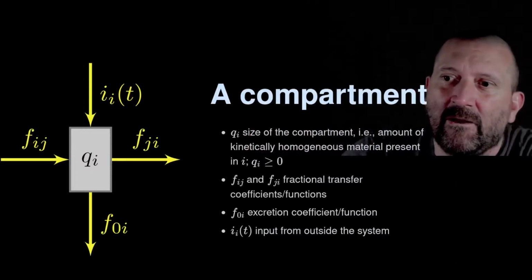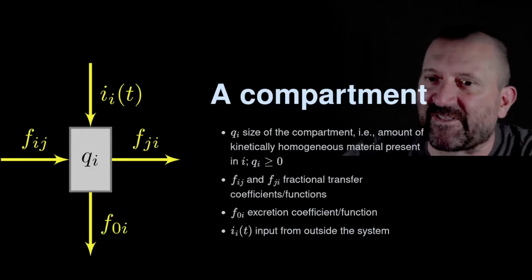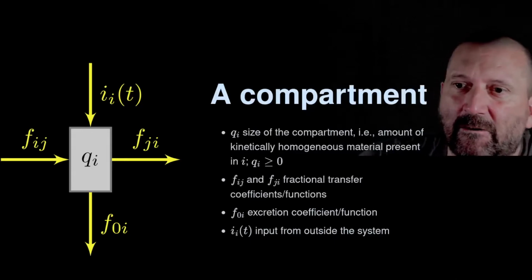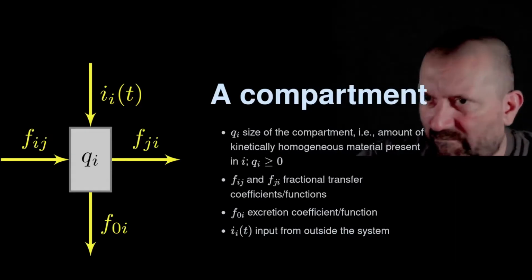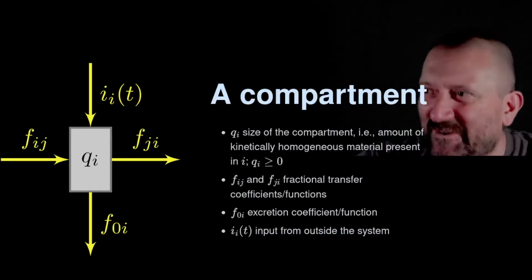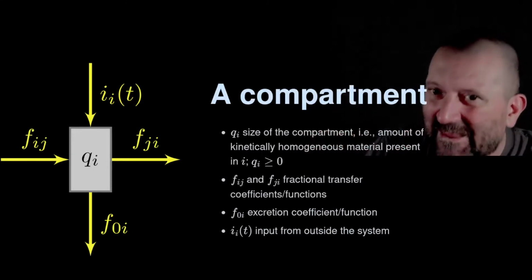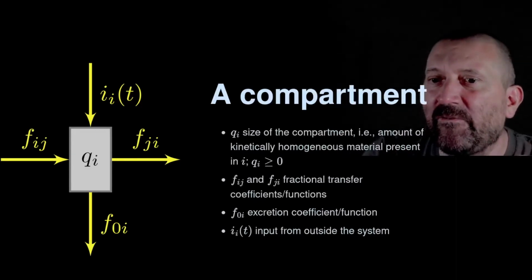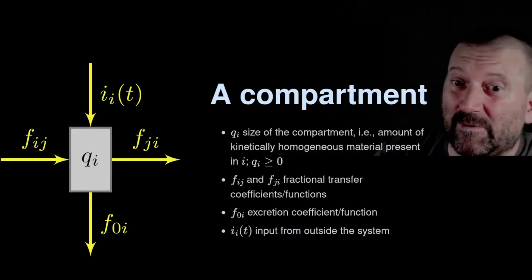It's a box which contains, so here Q_i is the size of the compartment. We will be looking at compartments that are made up of humans, but it could be however much kinetically homogeneous material you're looking at that is present in that compartment. Then you have transfer functions into and out of the compartment to other compartments.